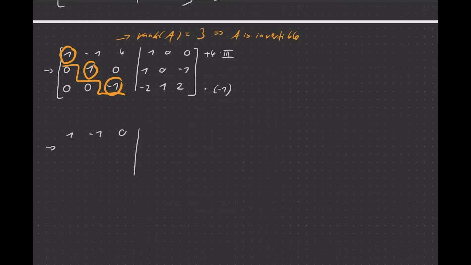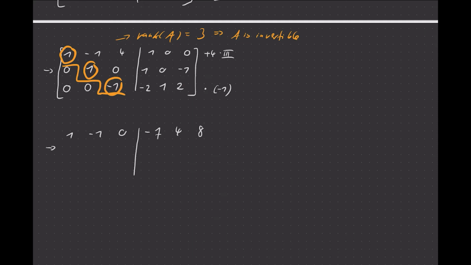So what happens on the right-hand side? So here we have a 1, and we add -2 times 4, so we add -8. That's a -7. Here we have 0, and we add 4 times 1, so that's a 4. And finally, here's another 0, and we add 4 times 2, so that's an 8.